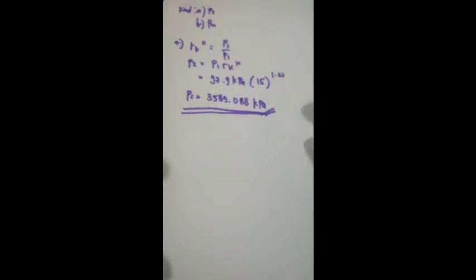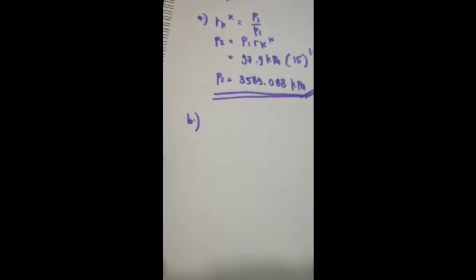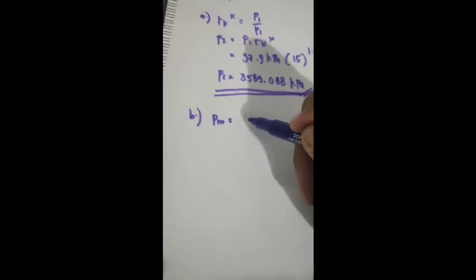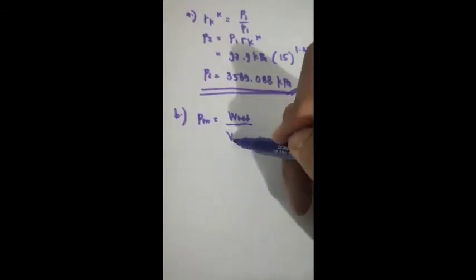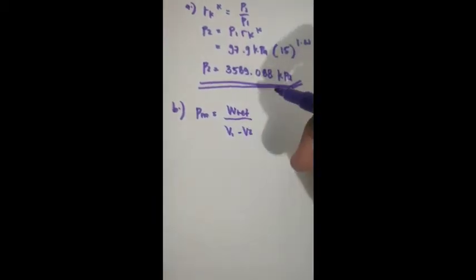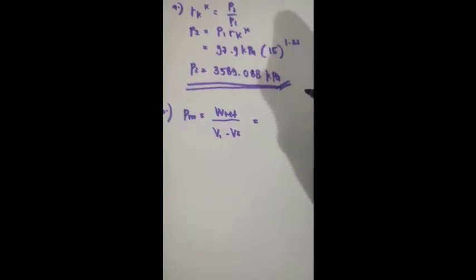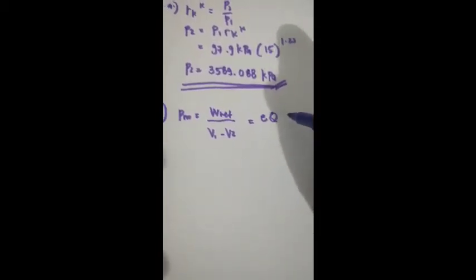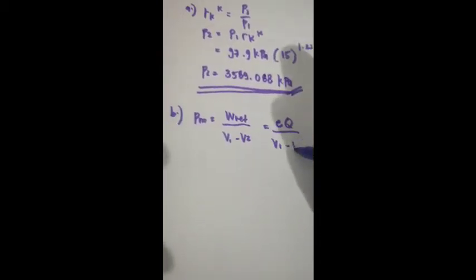So for finding the mean pressure, you will use the formula work net. Mean pressure is equal to work net over V1 minus V2. So you will substitute this formula into this formula, E times Q over V1 minus V2.